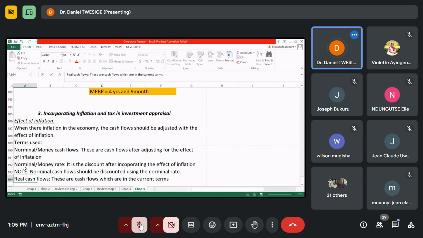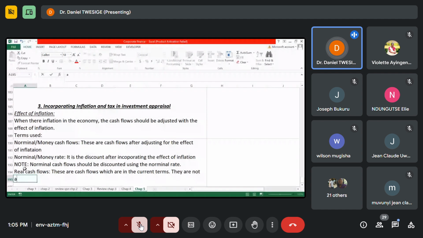As long as your cash flows are in current terms, we call them real cash flows, meaning they are not adjusted for inflation. In that case, you have real cash flows.